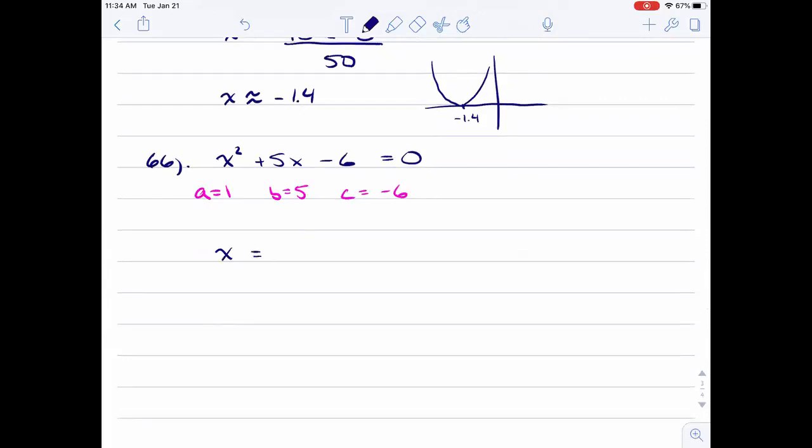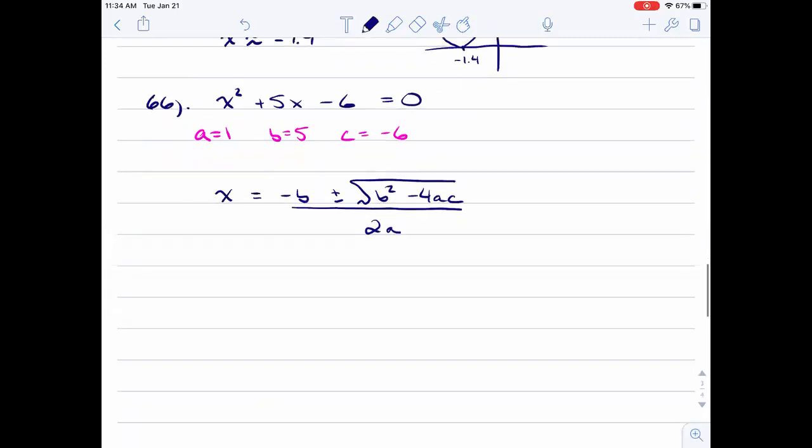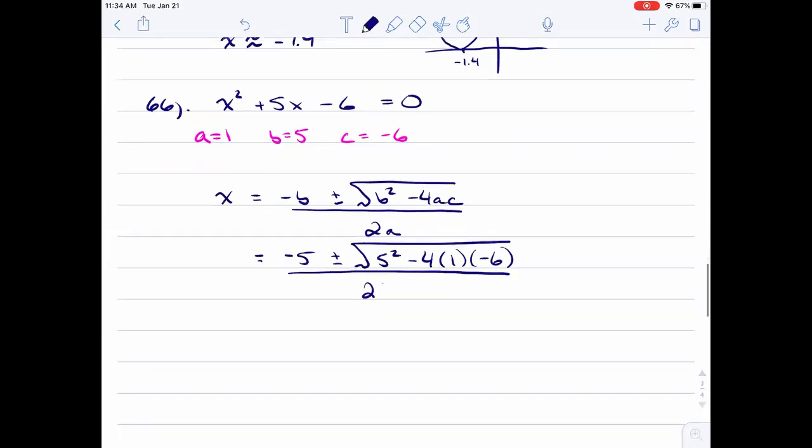Then we can solve x is equal to negative b plus minus the square root of b squared minus 4ac all over 2a. Let's give that a go. Negative 5 plus minus the square root of 5 squared minus 4 times 1 times negative 6 over 2 times 1.